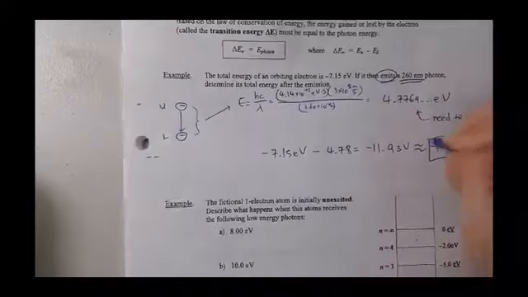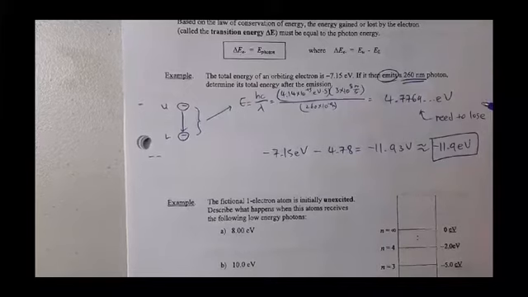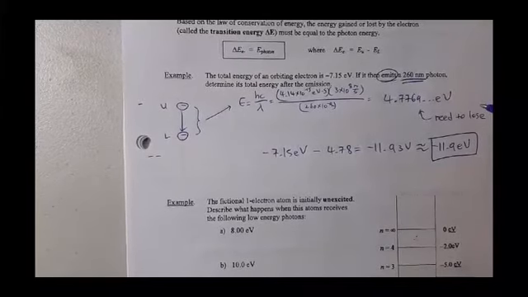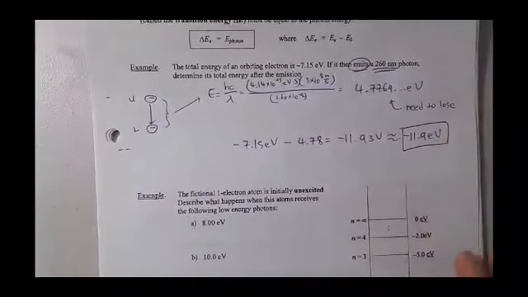So negative 7.15 minus 4.78 should give me negative 11.93 electronvolt, rounded to 3 significant figures. Sorry folks, in my workbook the answer is negative 2.37. Ignore that answer. You should have a more negative value.